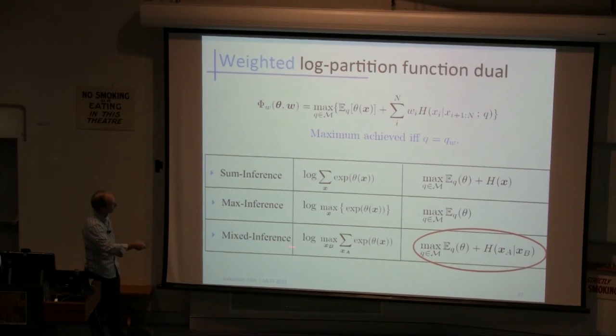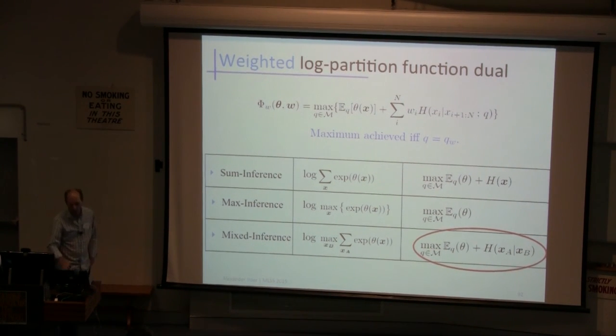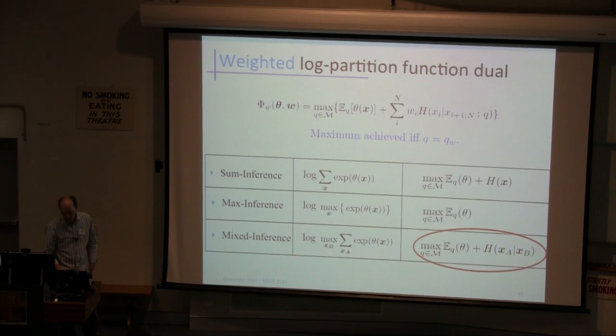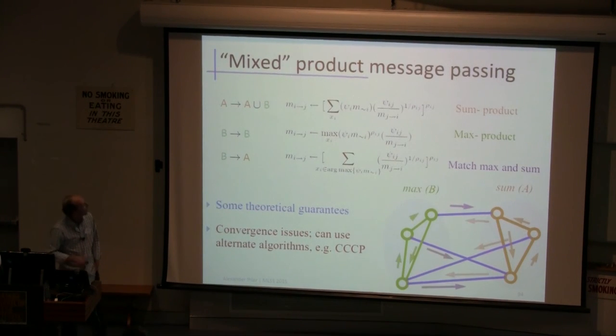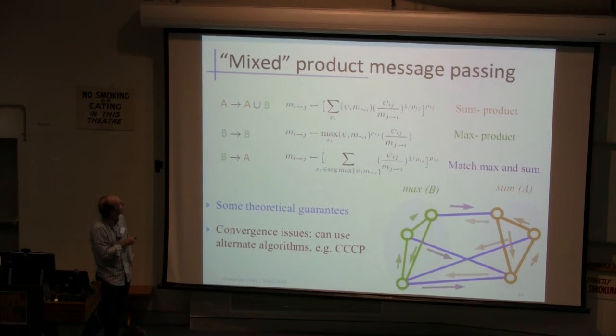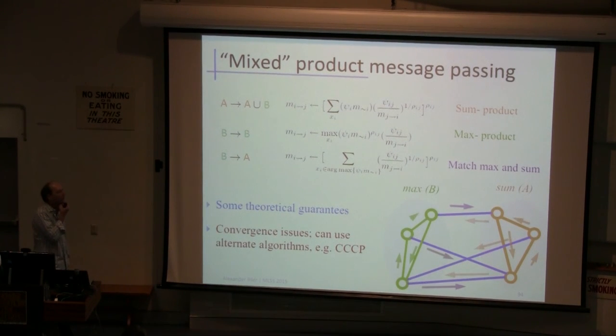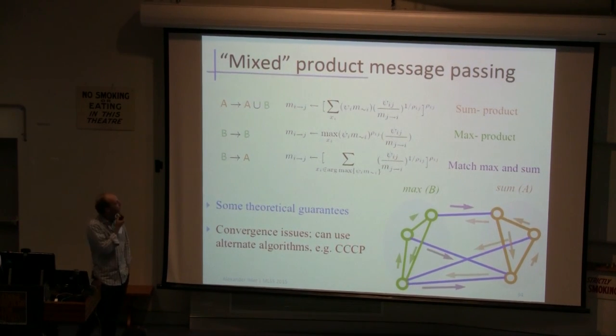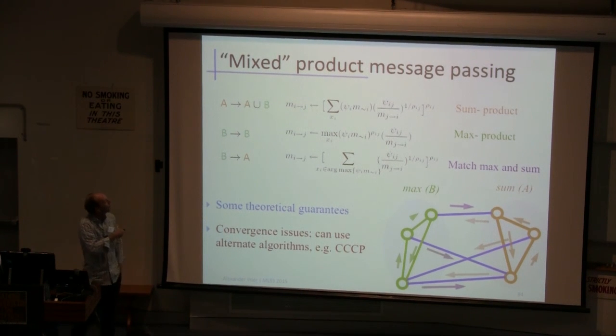So just as this inference problem generalizes sum and max, the variational form of it also generalizes the sum and max forms. And so you can actually derive message passing algorithms that look like belief propagation for these mixed systems. And they involve weights, so you end up doing reweighted message passing like tree-reweighted, except now instead of edges having weights, variables have weights as well. And so you end up with slightly more complex message passing forms.